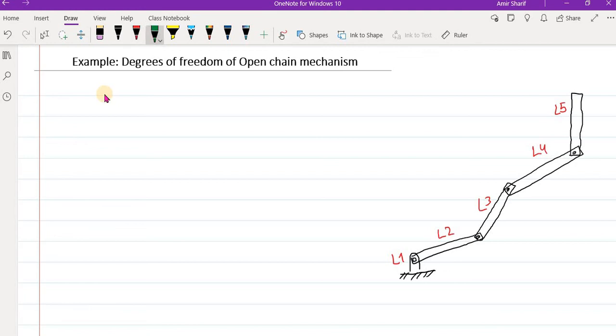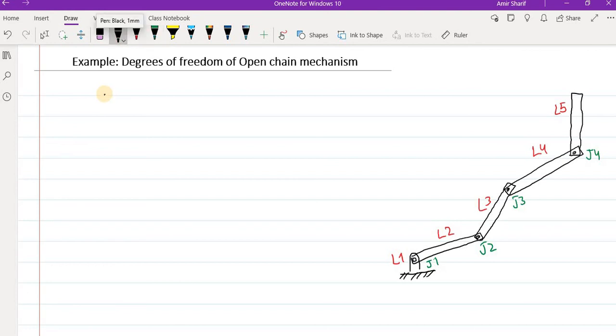And if you want to mention the joints, this is J1, J2, J3, J4. So it has 4 joints and 5 links.